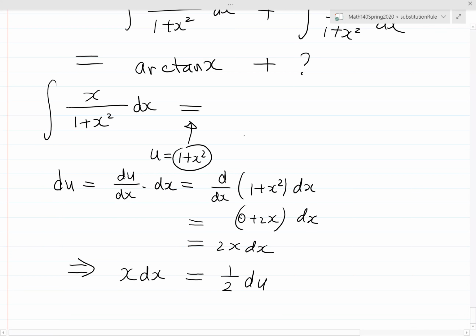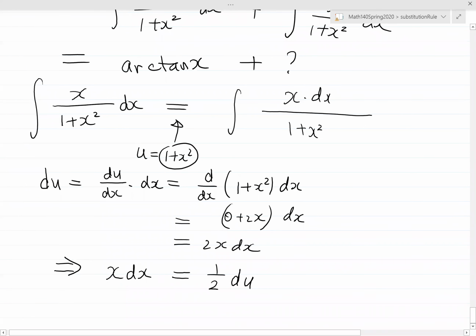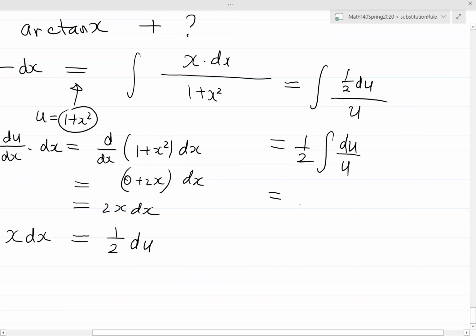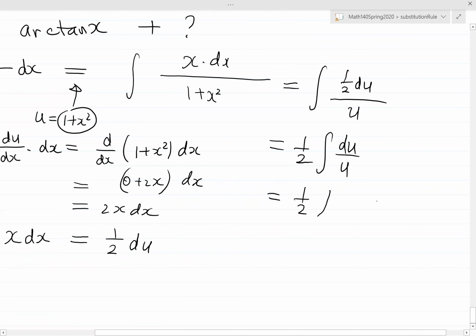So we substitute the numerator x dx with 1/2 du over u. Now 1/2 du over u has its antiderivative in the antiderivative table: 1/2 ln of the absolute value of u plus c.